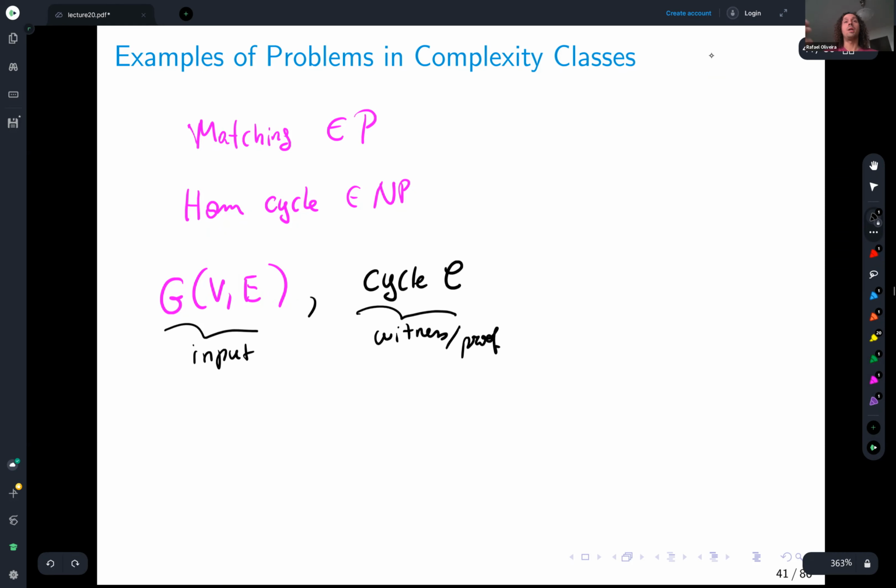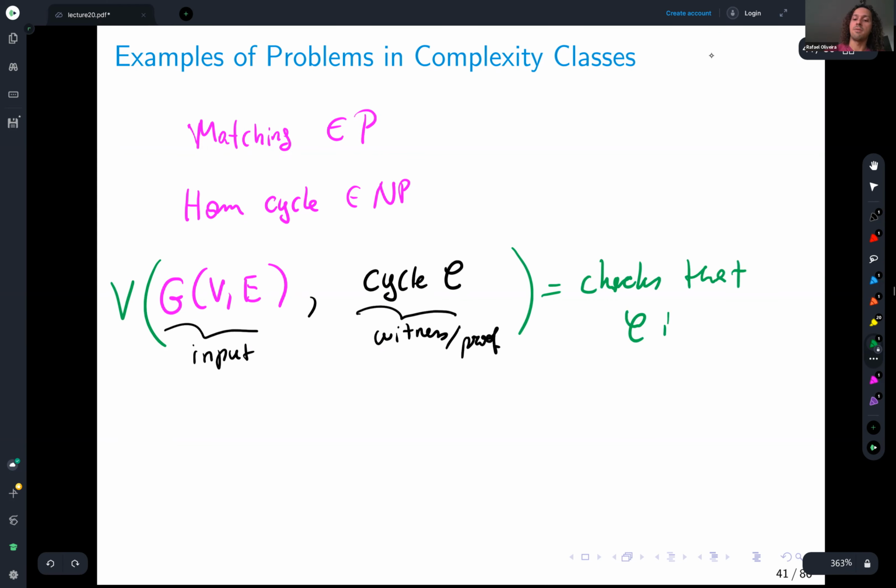And now, what is the algorithm that checks? The algorithm V, the verifier, will take my input and my witness and check that C is a valid cycle.